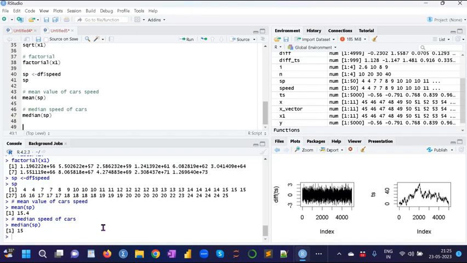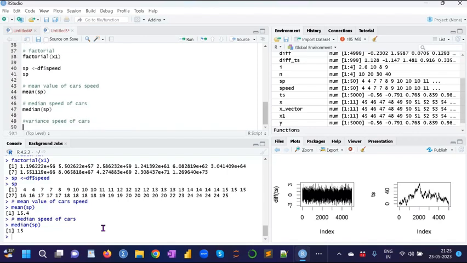Now I am using the variance. Variance mainly means it counts how much the values are away from the mean value.